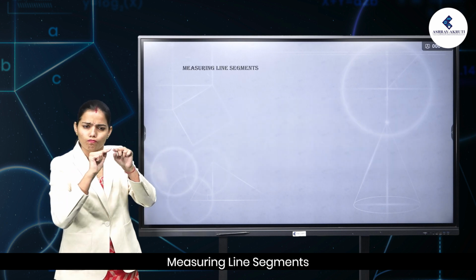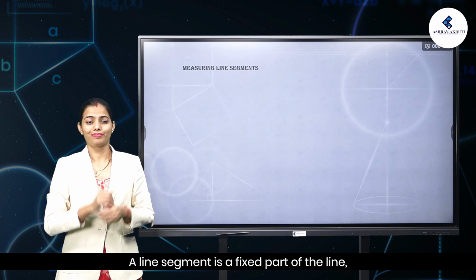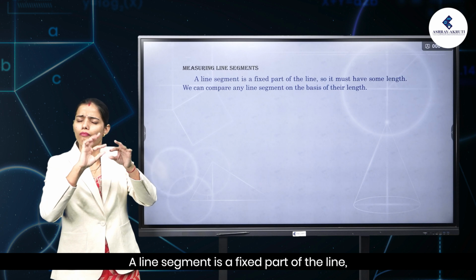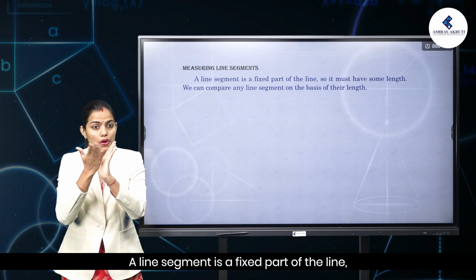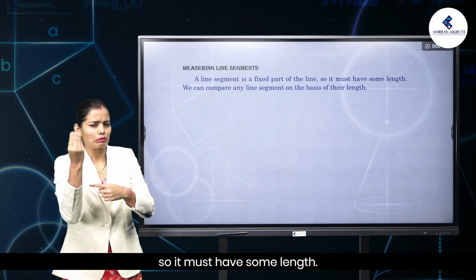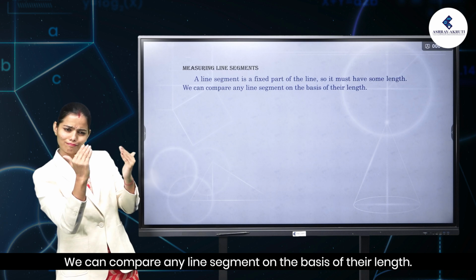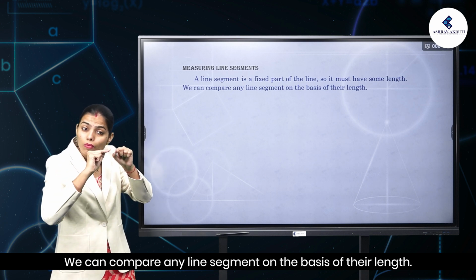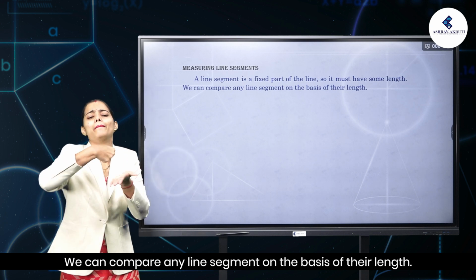Measuring line segments. A line segment is a fixed part of the line, so it must have some length. We can compare any line segment on the basis of their length.